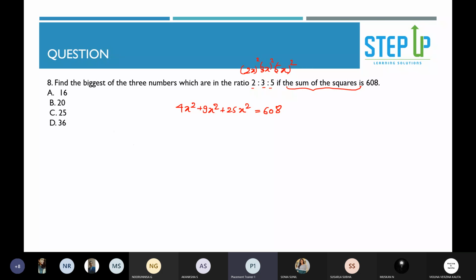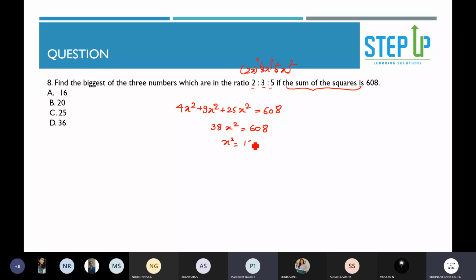Understood, people? So this will give you 38x square is equal to 608. 38 into 16.